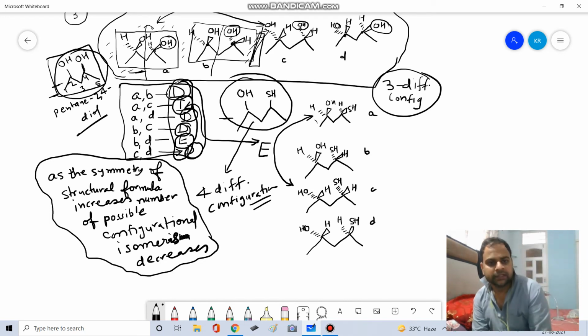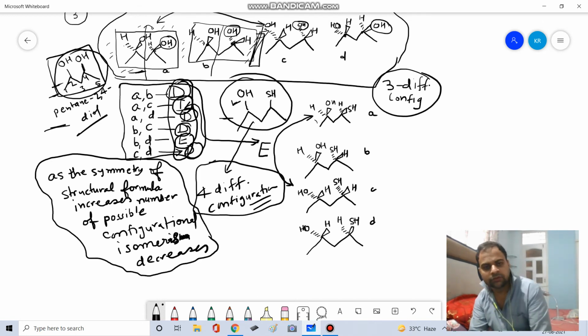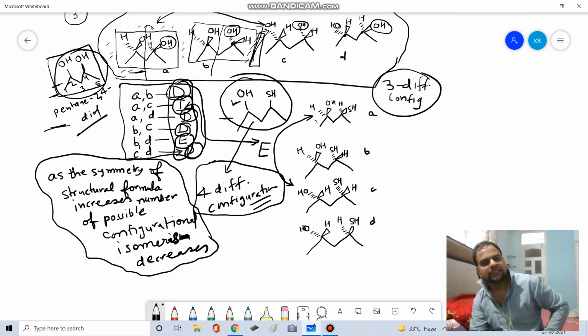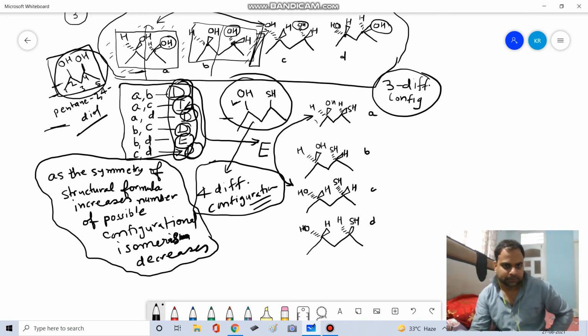So here is a more symmetrical structure, so there are only 3 different configurations, and it is a less symmetrical structure, so there are a larger number of them. As the symmetry in structural formula increases, the number of isomers decreases.